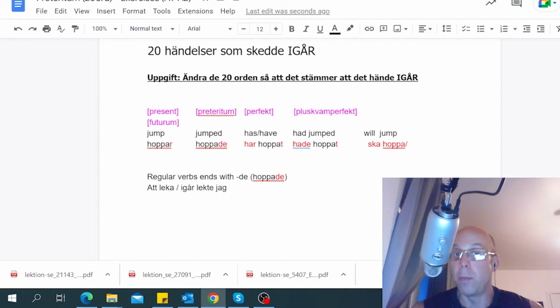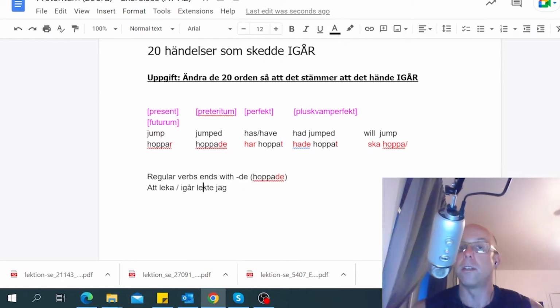Then we have the perfect, which works the same way as in English, where you would have an auxiliary verb, which in Swedish always is ha, but in English it's either has or have, depending on the person and number. Then we have plusquamperfekt in Swedish as well, which is events that occurred before another event in the past. And those always have the auxiliary verb hade, which would be had in English.